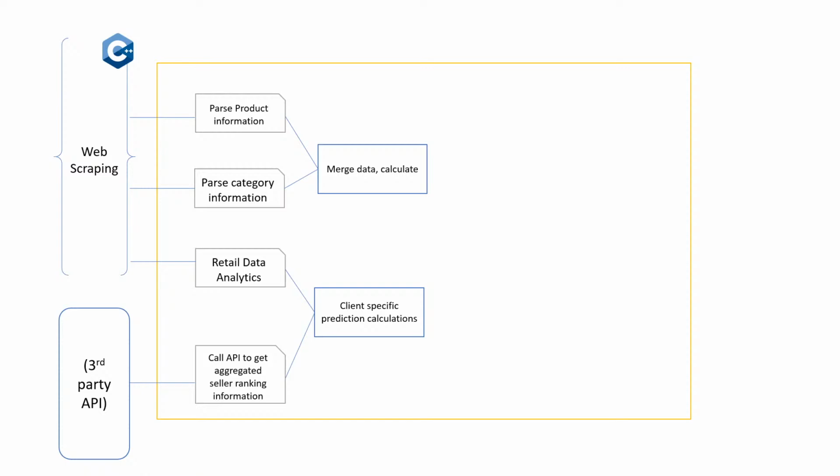So based on each client, what would be their specific prediction calculations, and these two data were again merged, and that got to a client specific prediction of what kind of bestseller rank they'll have, what kind of product inventory they have, how much inventory they should add, what kind of promotions they should provide, and those kinds of analytics were brought together in this area.